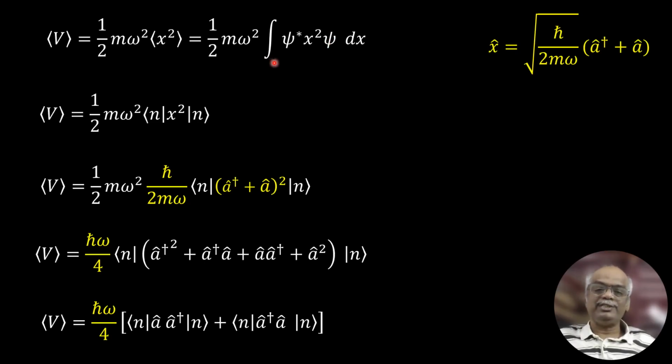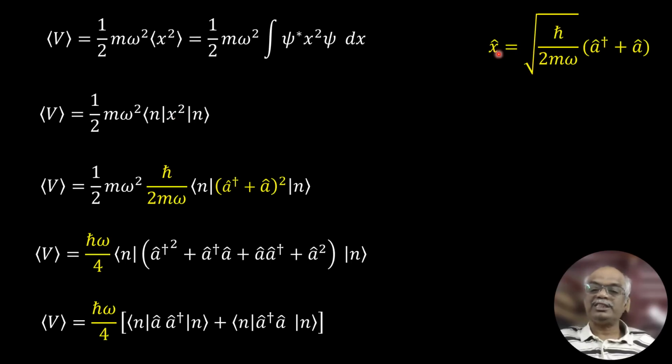We can conveniently write this using Dirac notation. So bra n, which is psi n star, x squared, ket n, that is psi n. So we can write like this using Dirac notation. And x squared, you replace this.